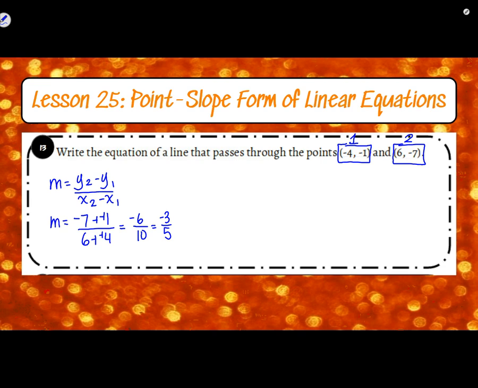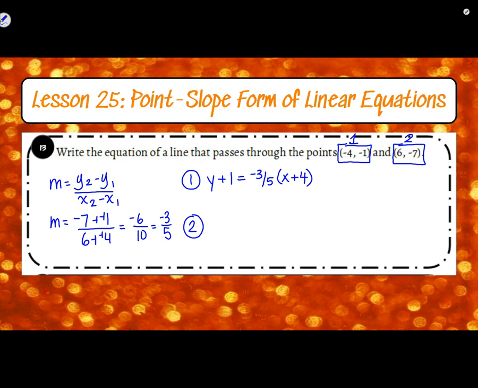All right, so I'm going to write 2 different equations, equation 1 and equation 2, and they're going to both be the same. So I'm going to do y minus, my y1 for equation 1 is going to be -1, but y minus -1 is going to turn that into a +1, equals, my slope is -3/5. X minus -4 is going to change that into a +4. So that's one of our equations.